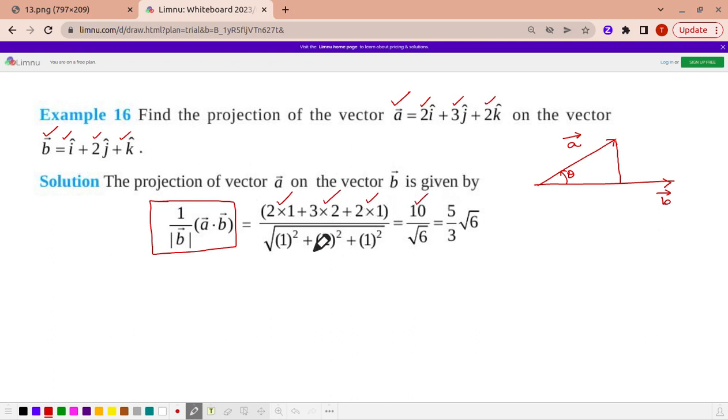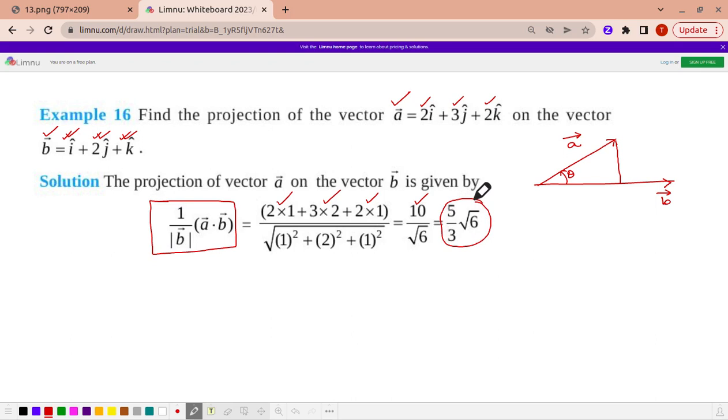We get it here. And mod B means square root of 1 square plus 2 square plus 1 square. So that is square root of 6. So 10 by square root of 6, and it is actually equal to 5 square root of 6 by 3. I hope you got a very clear idea.